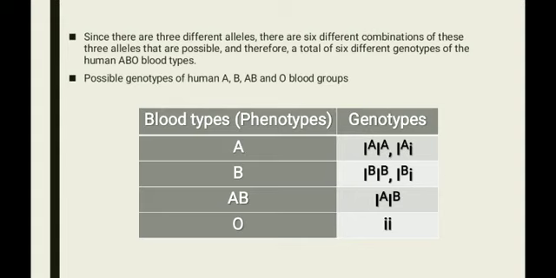See, these are the blood types, that is phenotypes: A, B, AB and O. There are 4 types of blood groups, and these are the genotypes. For blood group A, the genotypes are IAIA and IAi; for blood group B, the genotypes are IBIB and IBi; for AB blood group, the genotype is IAIB; and for O blood group, ii.